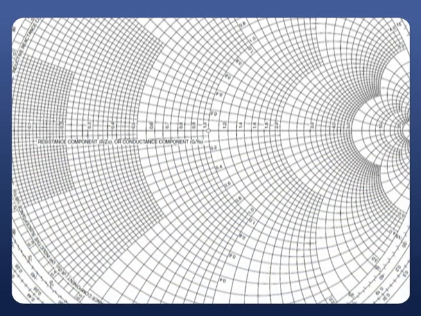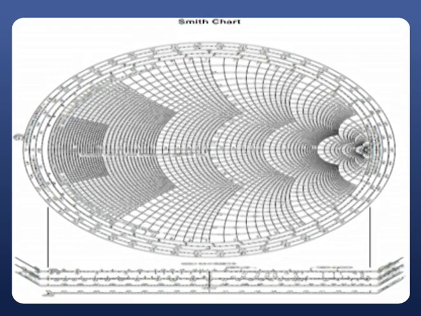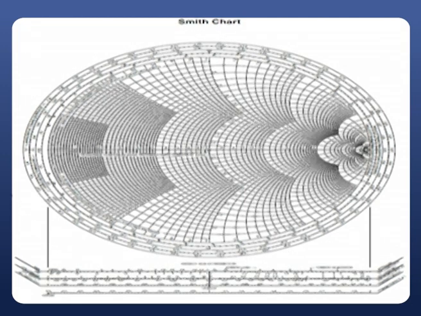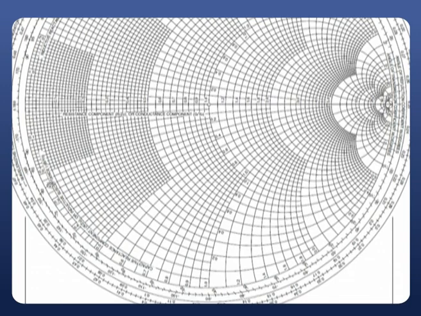Similarly, wavelength towards load means moving from source towards load, which is anti-clockwise rotation. One more point to remember: clockwise rotation along the Smith chart corresponds to moving towards the generator, and anti-clockwise rotation corresponds to moving towards the load.